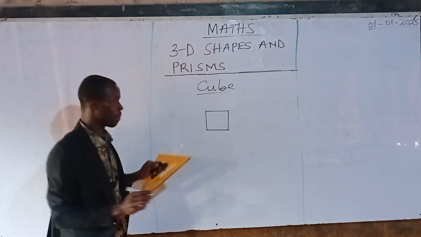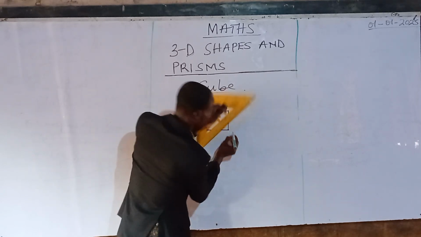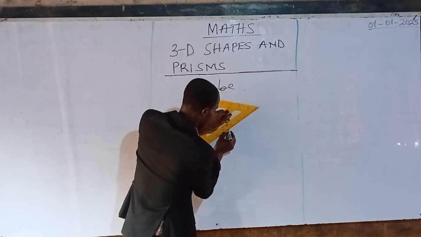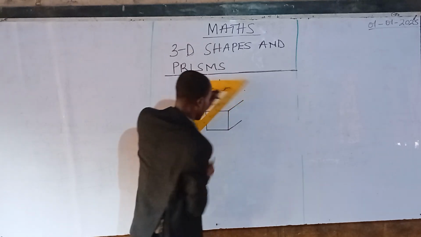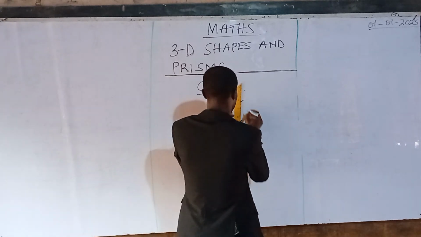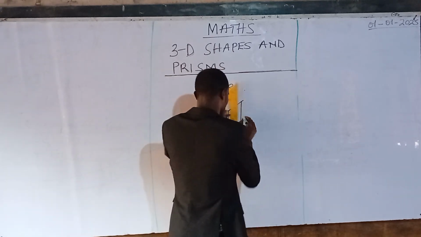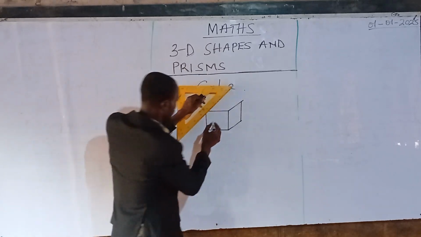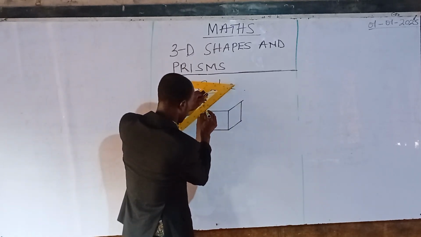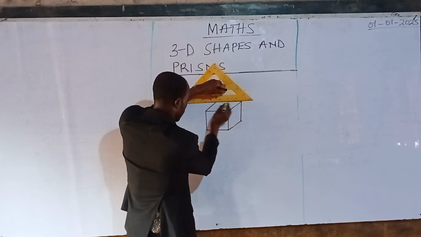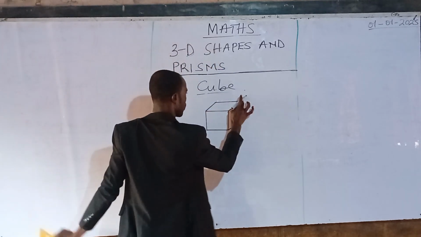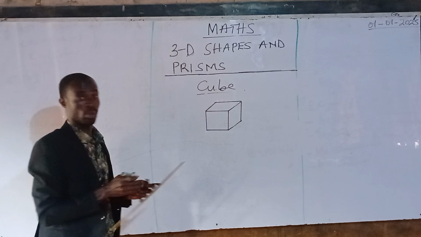After drawing your square, you tilt your ruler like this, draw this way. Then after that, you straighten it, join this, then this, you tilt another at this point, then you join them. So this is your cube.